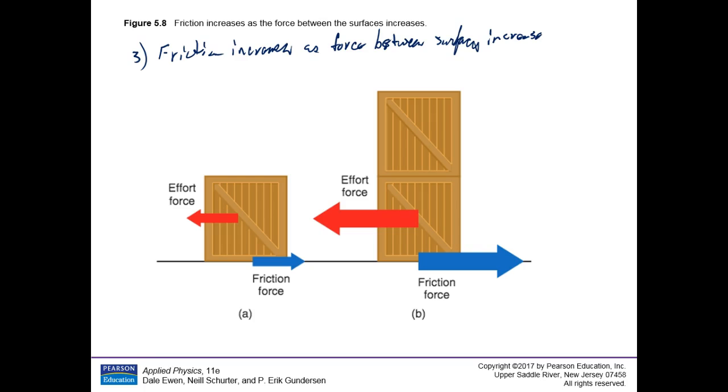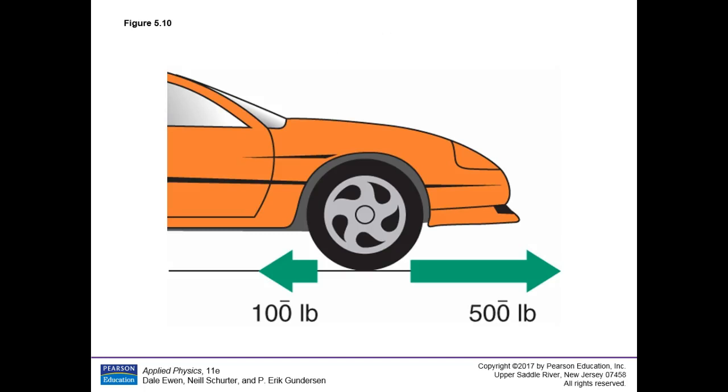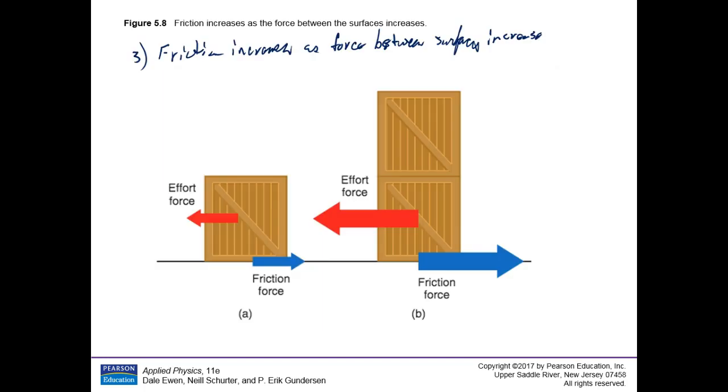Now, we're missing a formula, aren't we? We can't do too much without having a formula, so let's put the formula in here. The force due to friction, F sub F. F sub W is force due to weight, or weight. F sub N is the net force, the total force.